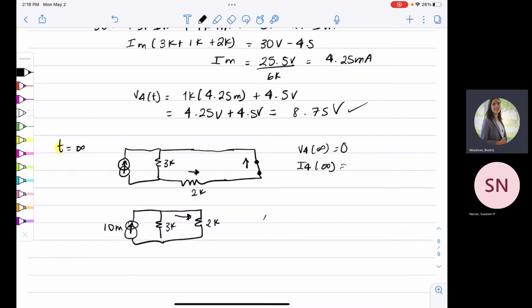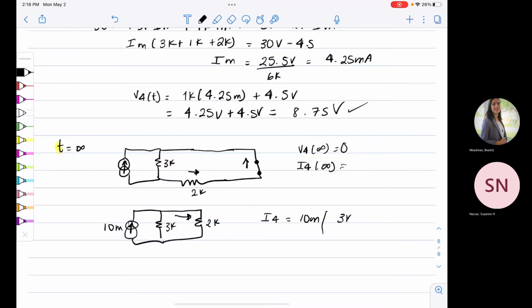So we're going to call it I4. I4 is equal to 10 milli times, which impedance do I put on the top? Yep, and on the bottom? Right, perfect. So that's pretty easy, right? That is just 6 milliamps.